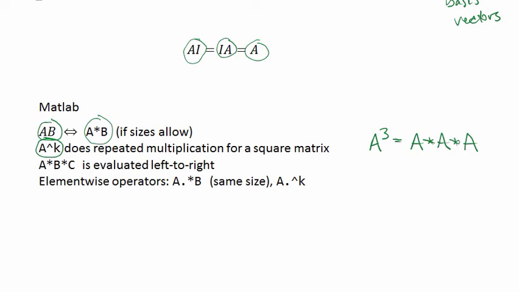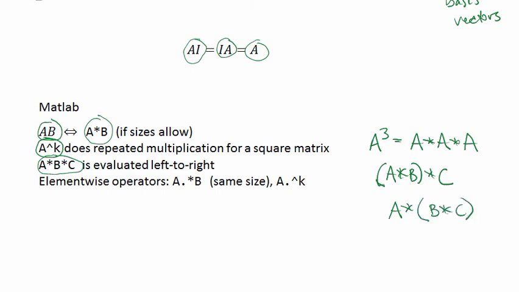If you have multiple multiplications in a product, A times B times C, they all have the same precedence, and so that's the same as A times B times C. Of course, matrix multiplication is associative, so grouping doesn't matter.